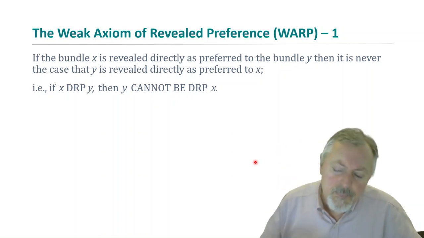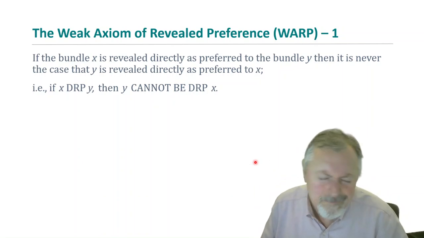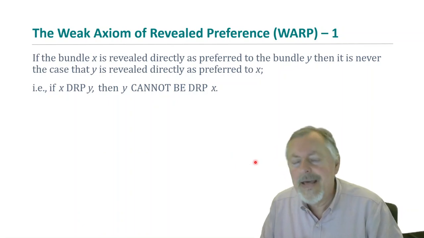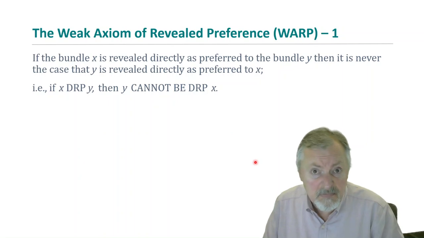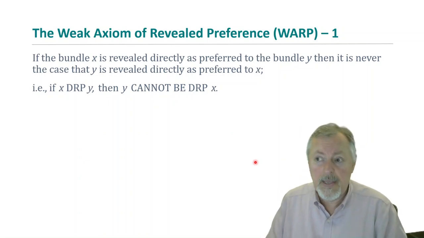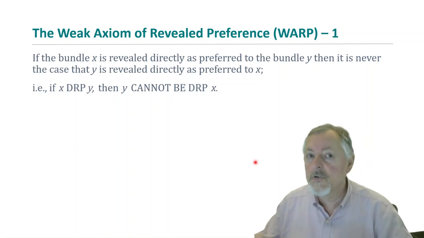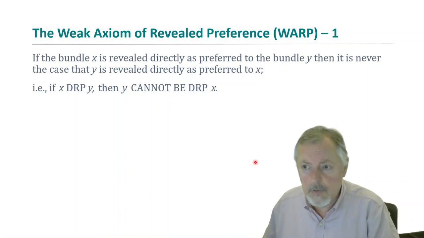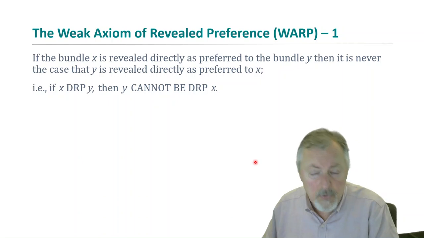We say that preferences that obey these axioms are rational, in a sense. That doesn't mean it never happens. Sometimes people do that. Maybe preferences change, and the weak axiom and the strong axiom both assume preferences are not changing. If you change your mind, you buy an apple instead of an orange today, you can afford both.